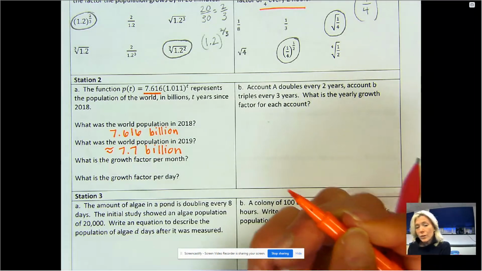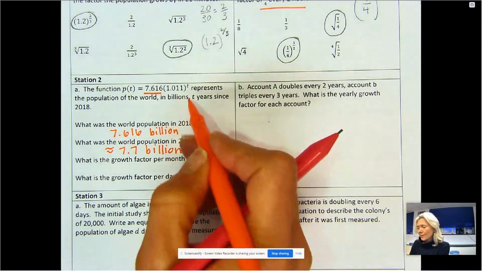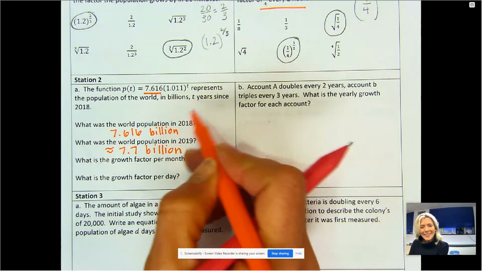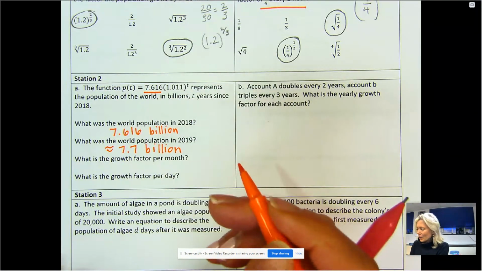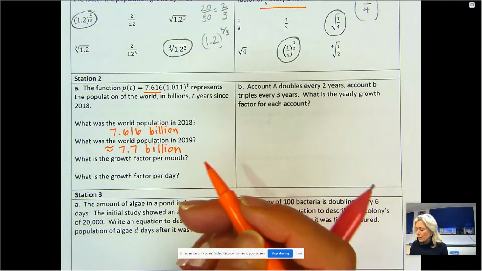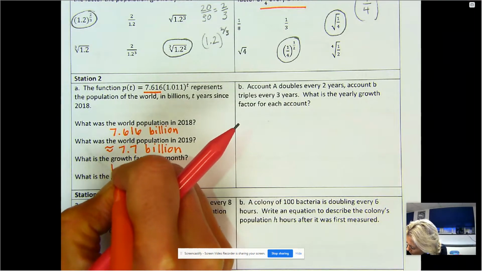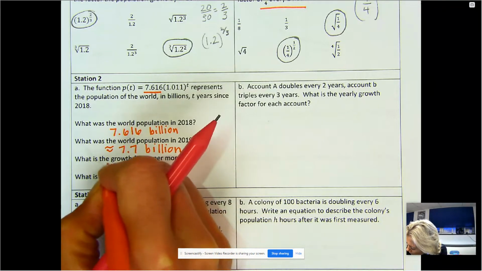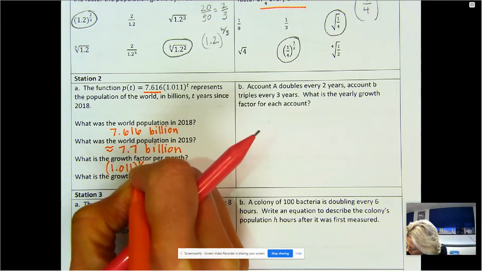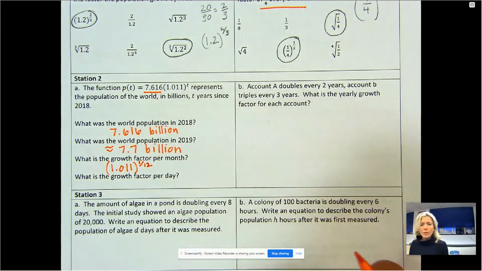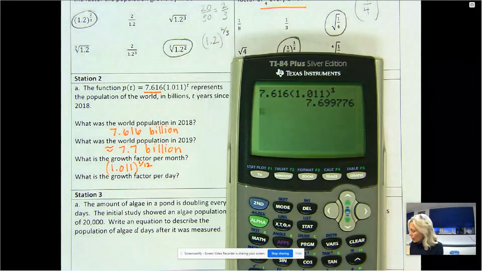What is the growth factor per month? So T right here is in years. And so per month, there's 12 months in a year. So it would be 1.011 to the 1/12. 1 month out of the 12 months in a year. Leaving an answer like that is totally acceptable. Or you could approximate that on the calculator.